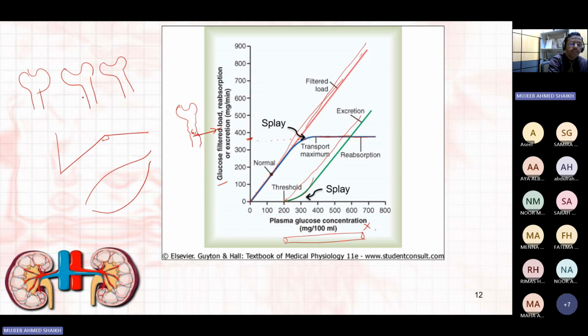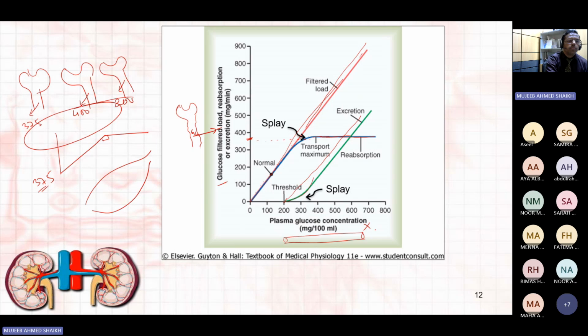The kidney has millions of nephrons. Tubular maximum for this nephron may be 375, normal. For this nephron it may be 400. For this nephron it may be 200. So we take the average of all these different nephrons, and it appears to be 375.